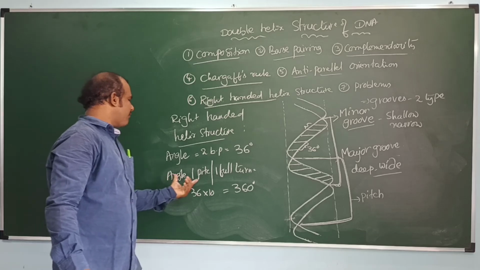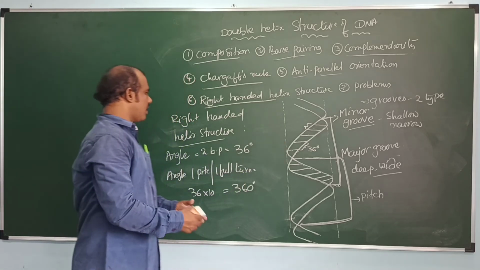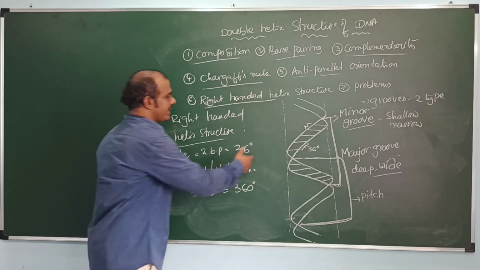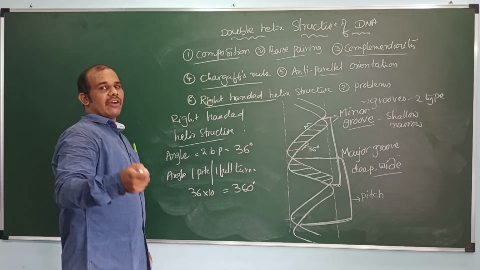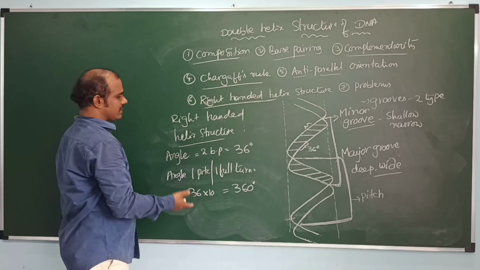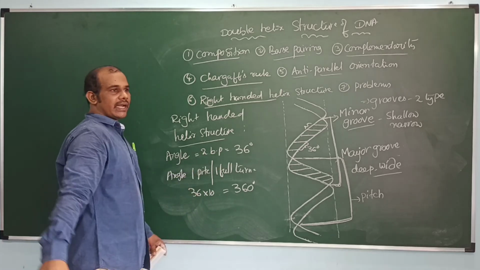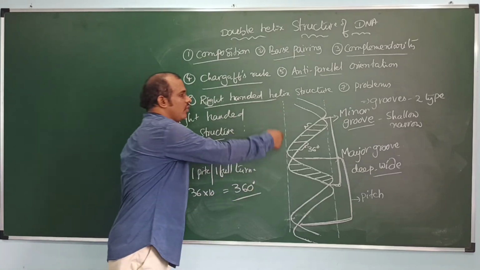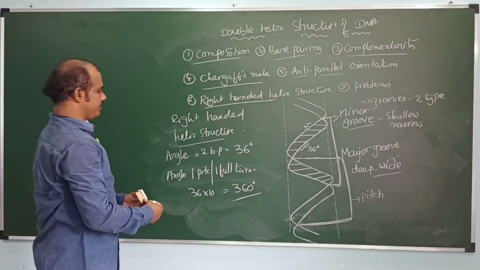Then what is the angle of one pitch or one full turn? How many base pairs are present in one full turn? 10 base pairs. What is the angle of one base pair? 36. Obviously, 36 into 10 is 360 degrees. It is the angle of one full turn or one pitch.